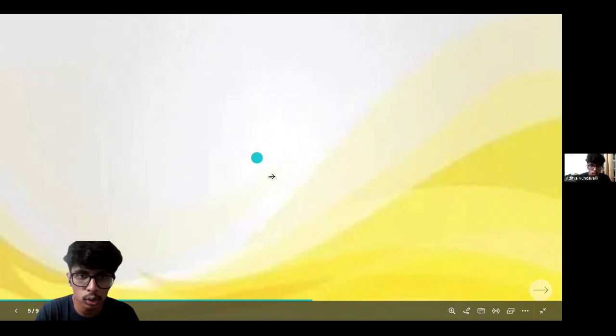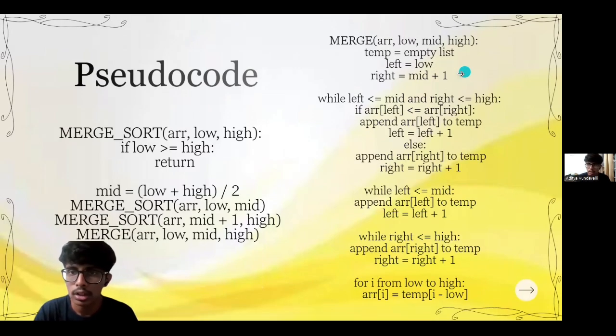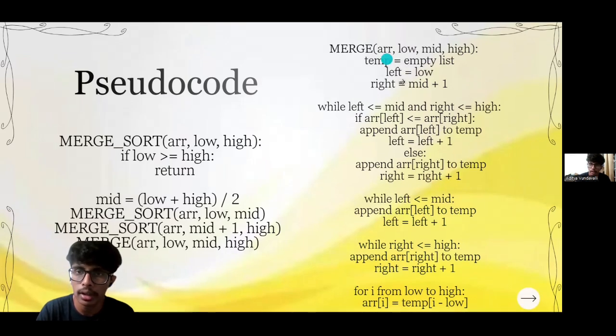Now, let me show how the conquering method works. As we can see here, the merge function creates a temporary list, and then we put a left pointer at low and a right pointer at mid + 1. While the left pointer is less than or equal to mid and the right pointer is less than or equal to high, that means the pointers haven't reached the end yet, so we have to compare and see which of them is smaller.